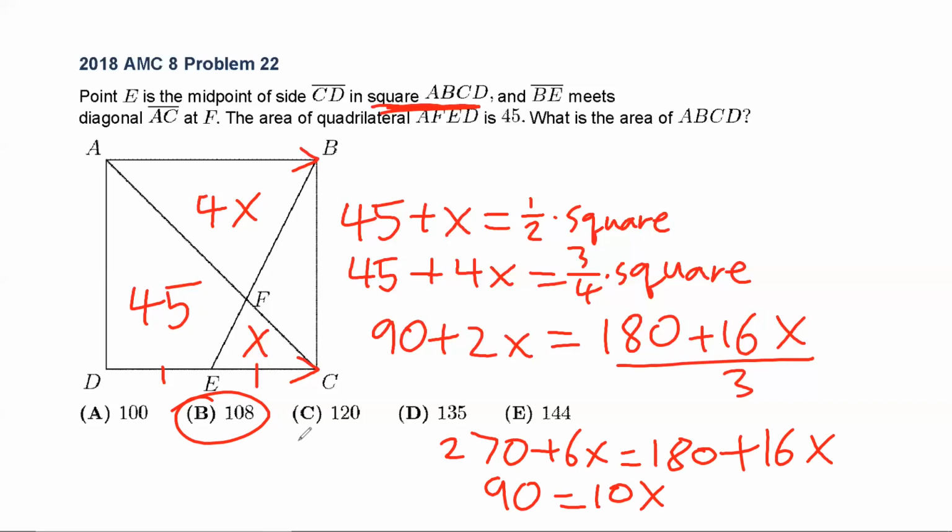So we can just pick any of the original equations to plug it into. So for example, if we plug it into the first, then we're going to get 45 plus 9, which is equal to 54, is equal to half of the square, which means that the square is 54 times 2, which is equal to 108.